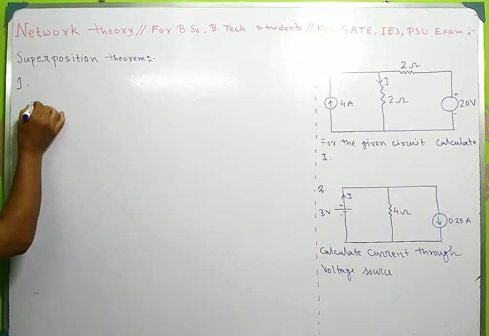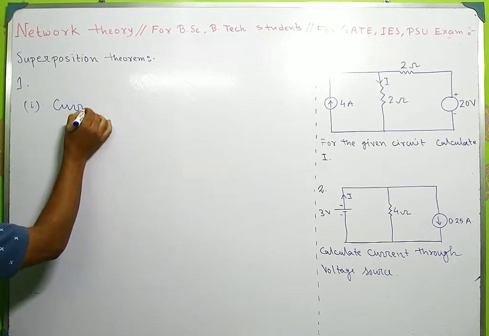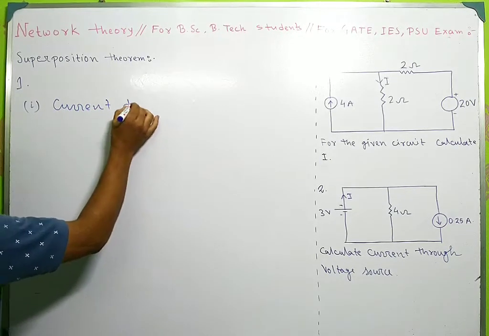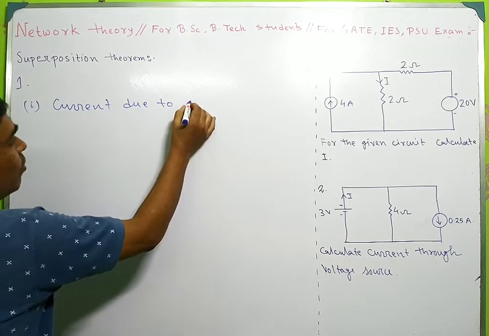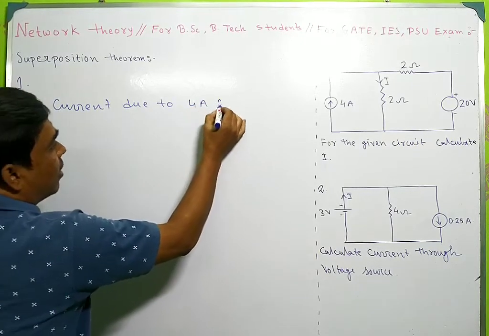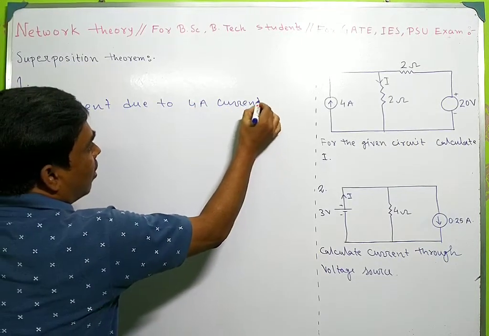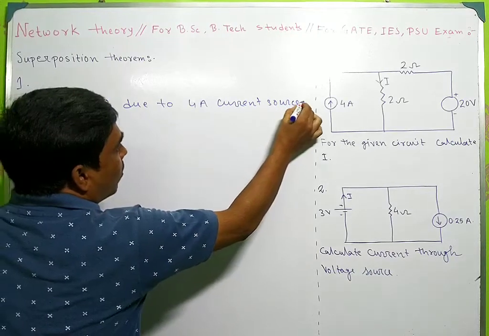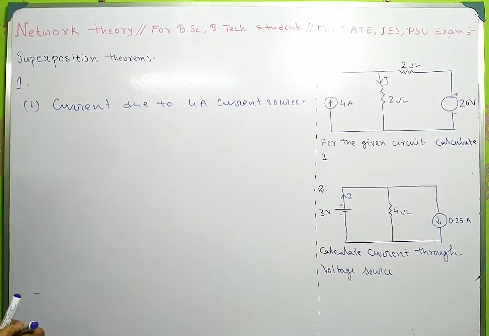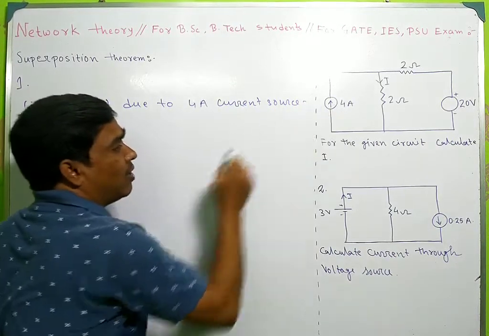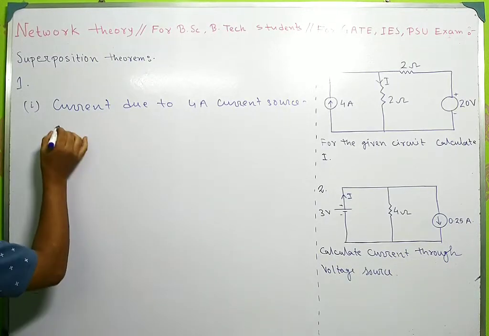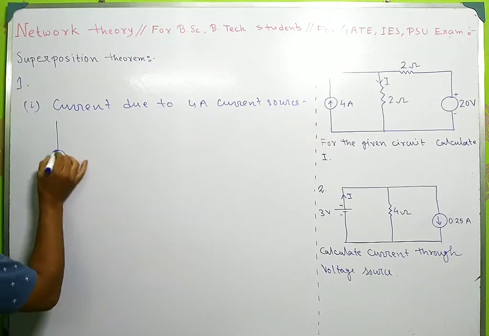So number 1, current due to the 4 ampere current source. So when this circuit is redrawn, what will the circuit be?